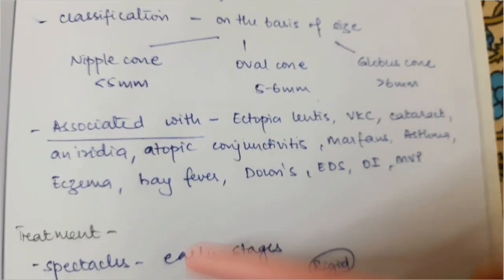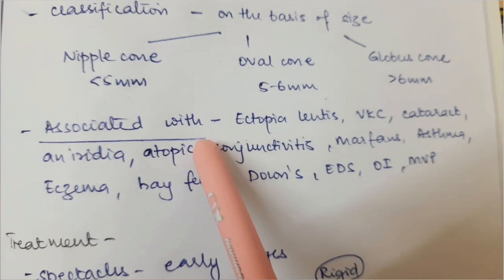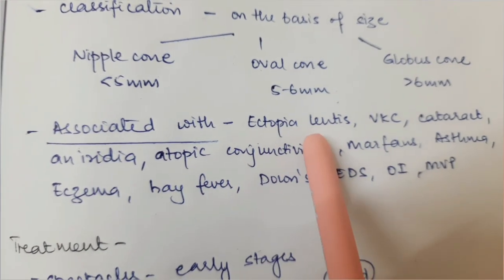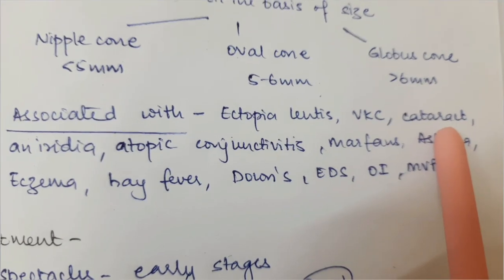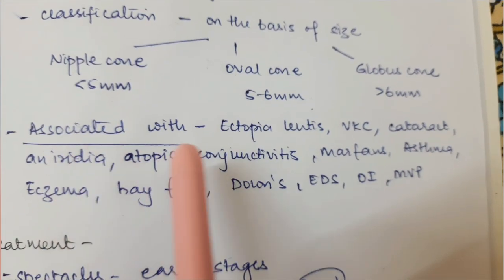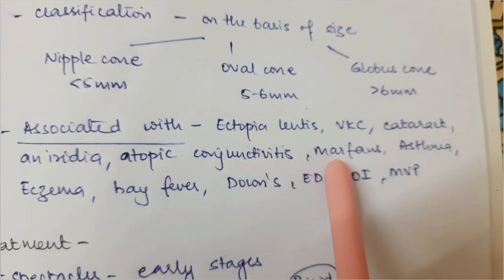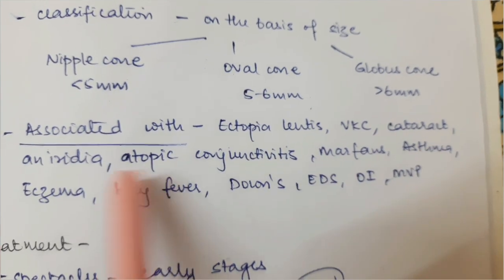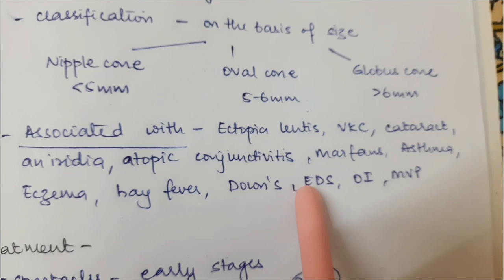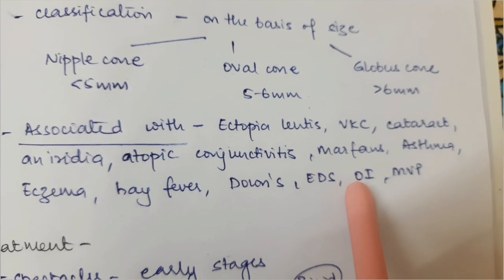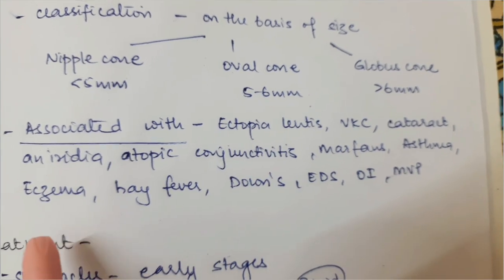There are some conditions that keratoconus can be associated with, and those are ectopia lentis, vernal keratoconjunctivitis, cataract, aniridia, atopic conjunctivitis, Marfan's disease, asthma, eczema, hay fever, Down syndrome, Ehlers-Danlos syndrome, osteogenesis imperfecta, and mitral valve prolapse.